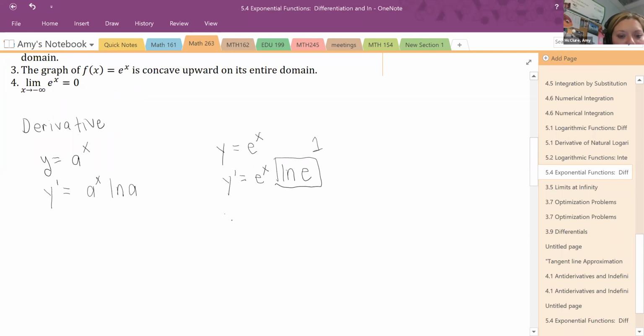So 1 times e to the x is e to the x. If y equals e to the x, the derivative is e to the x. This is the coolest function because it is the only function that has its original function as its derivative.